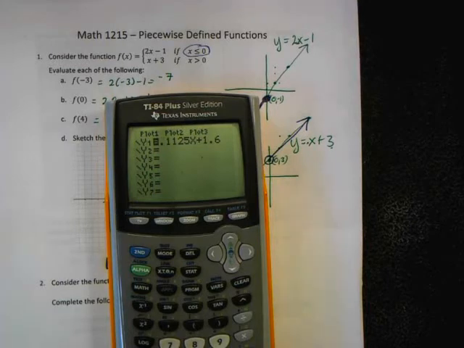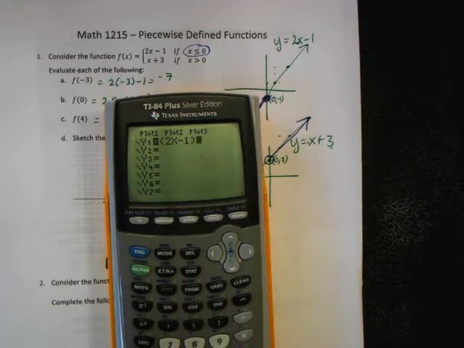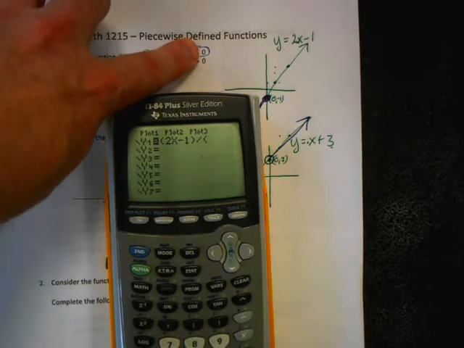Okay, to type in a piecewise function, you do it in kind of a strange way. You're going to take the first rule, which is 2x minus 1, and you're going to put it in parentheses. So you're going to write 2x minus 1 like that. And then the word if on the calculator is the divide symbol. So you divide, and then you put another parenthesis, and you have to type in x less than or equal to 0.